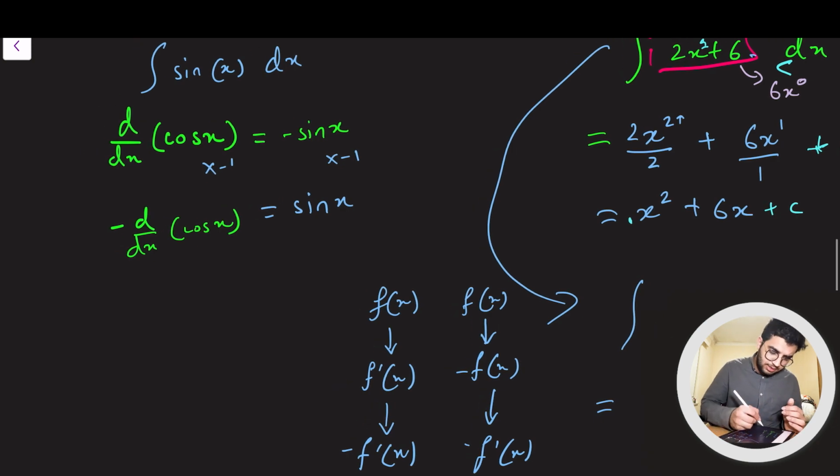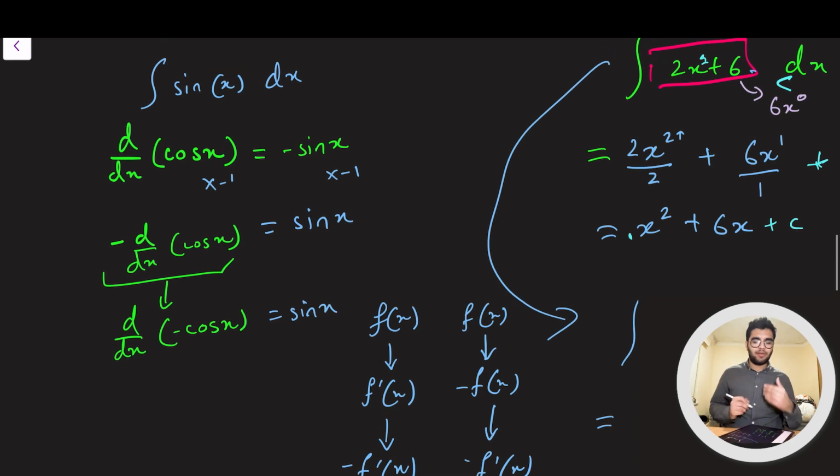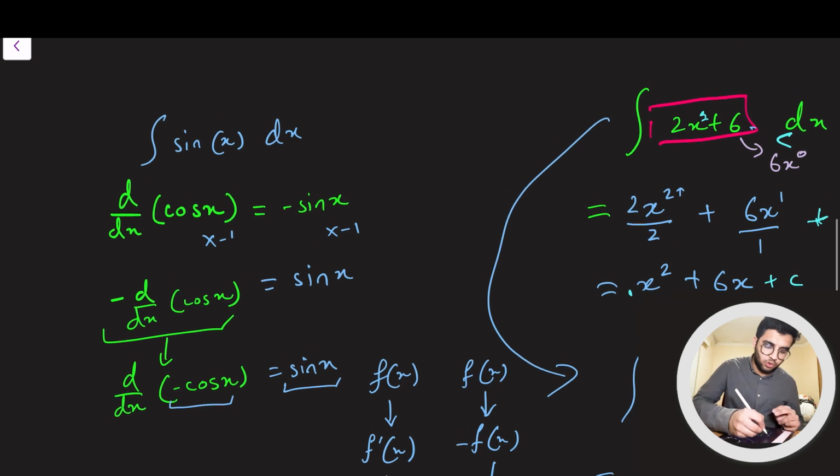So this is literally the same as negative cos of x. Okay, so we have found that when you derive negative cos of x, you get sine x. So the integral, or the antiderivative of sine x, is negative cos of x plus c.